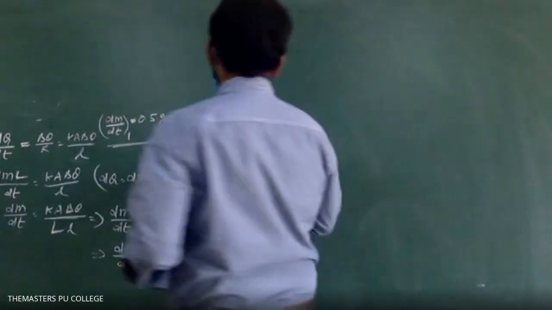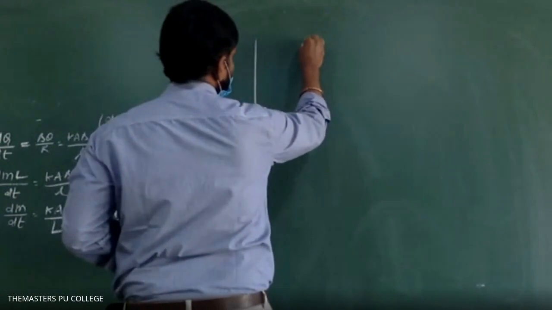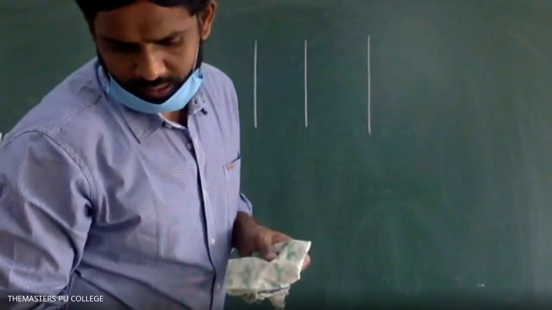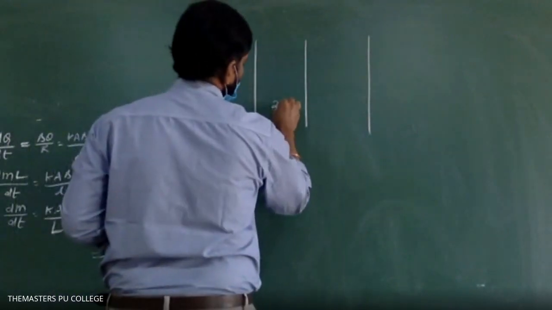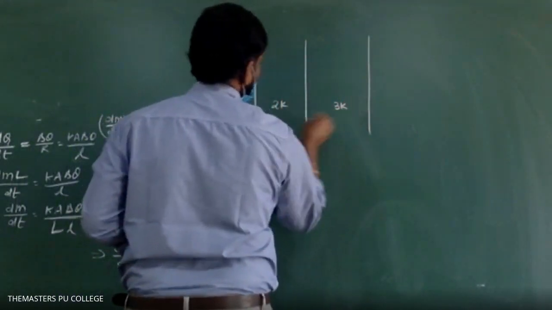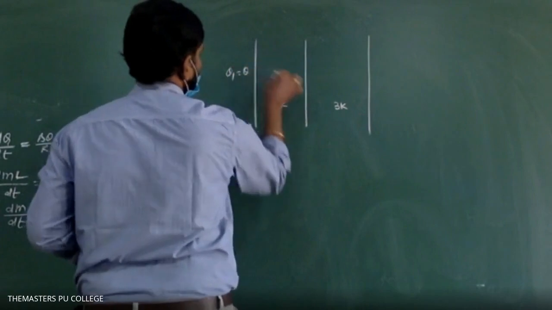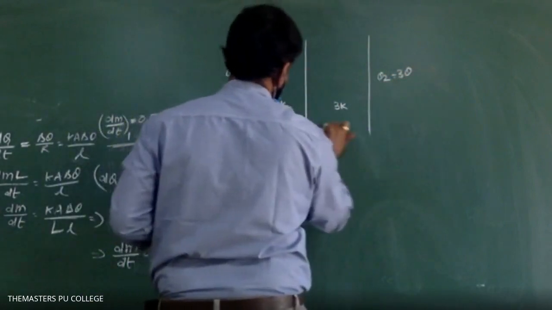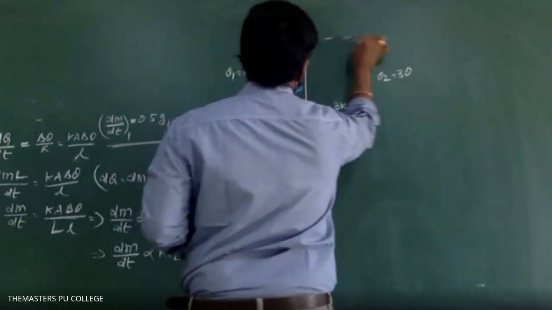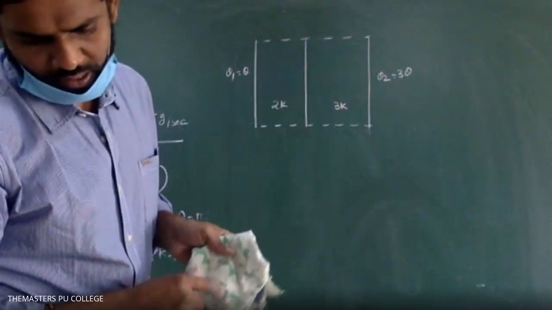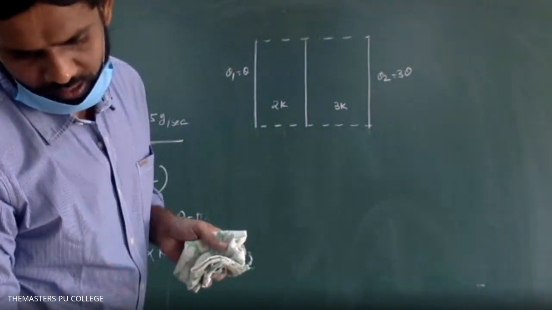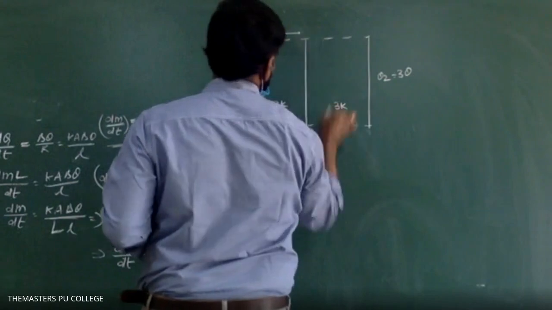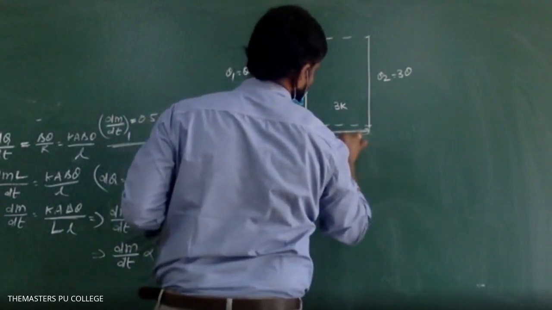So this is about the two rods. Here this is 2K thermal conductivity, and this is 3K. Here theta 1 is equal to theta, and here theta 2 is equal to 2 theta. The length of this one is L, and this is of length 2L.